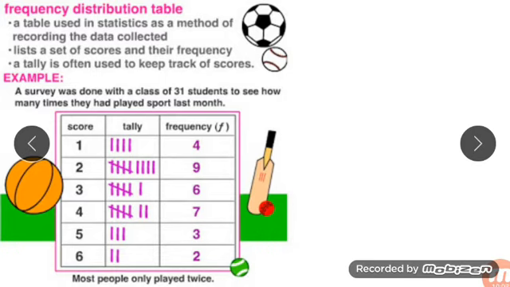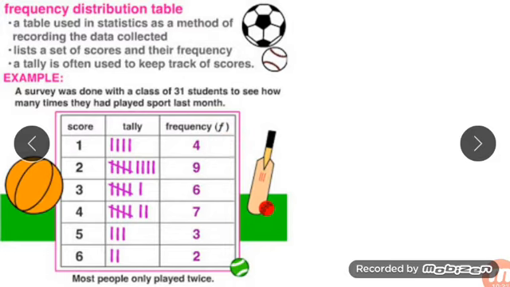So here we can see that this is not the raw data; this is the organized form of the data, where the data is arranged in the form of a table, where the number of occurrences of that observation is given for that respective group or class. So here frequency is the number of occurrences of that data.